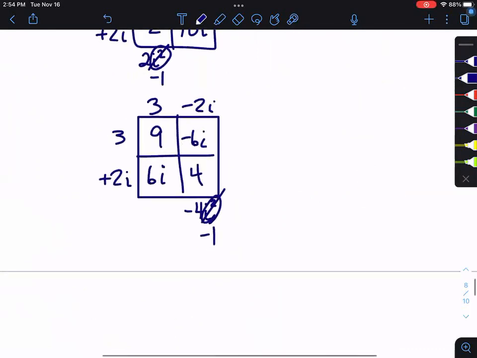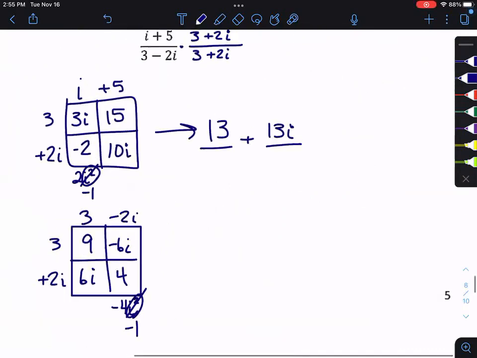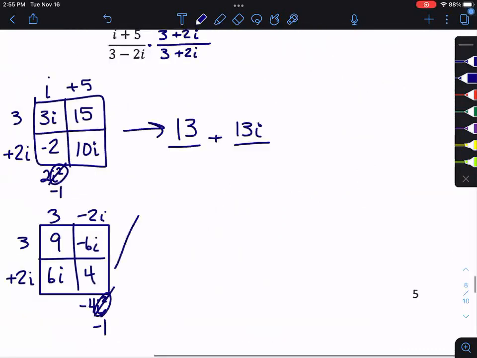So when I go to write my denominators here, I'm going to take 9 plus 4 to get 13. My -6i and my +6i are going to cancel. So here my denominator is just 13.